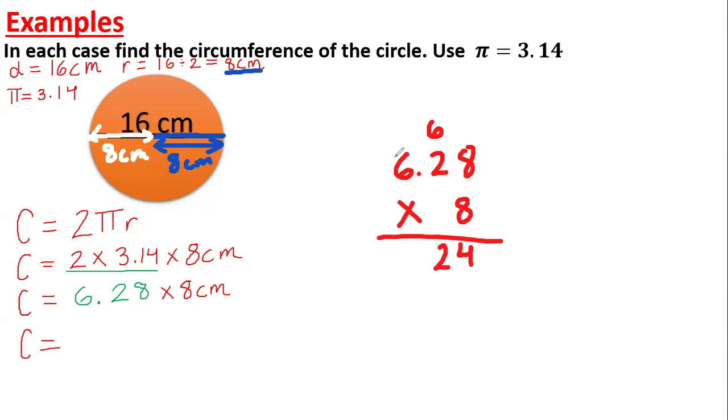Put the 2 down, put the 2 up. 8 times 6 is 48, plus 2 is 50. So it's going to be 50.24 centimeters.